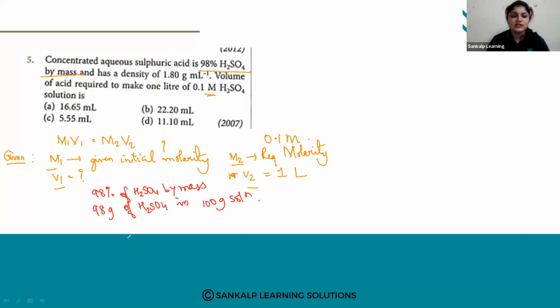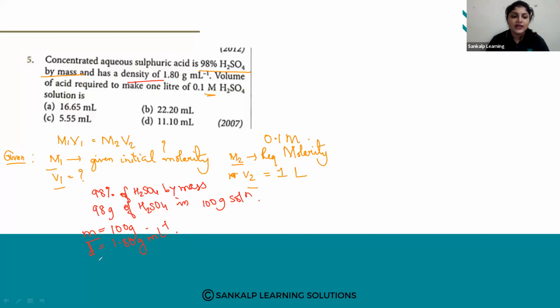So the mass is 100 grams. And here the density is given. The density is 1.80 gram per ml.